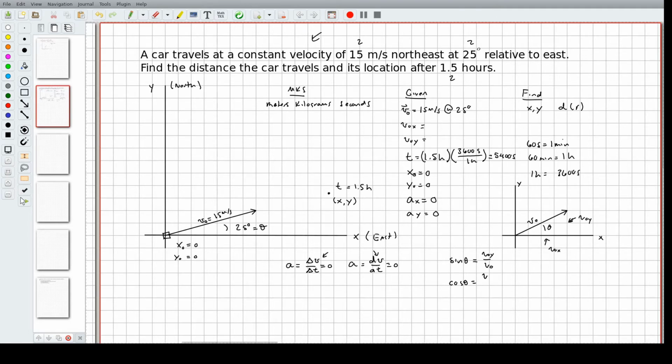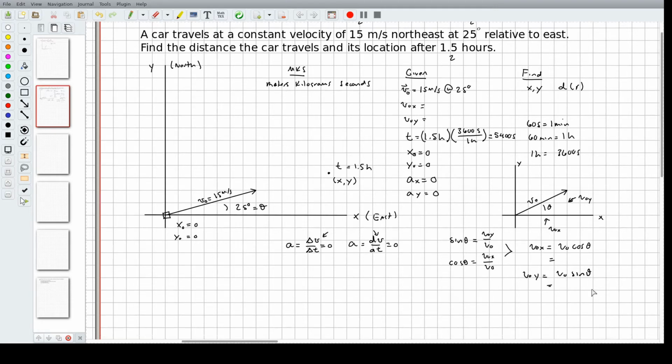The adjacent side is v naught x, and the hypotenuse is v naught. Now, we're going to use these two to find v naught x and v naught y. V naught x is v naught times cosine of theta, and v naught y is v naught times sine of theta.